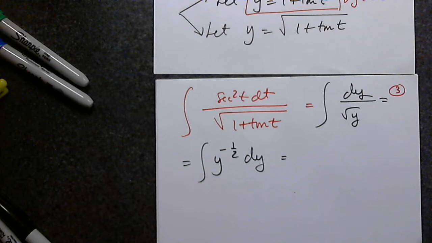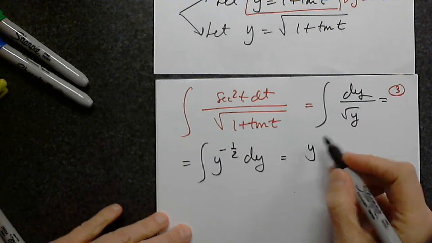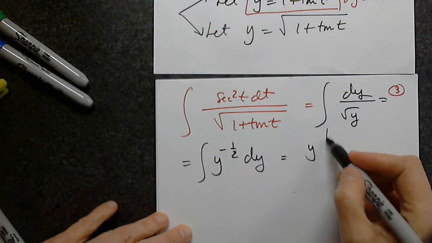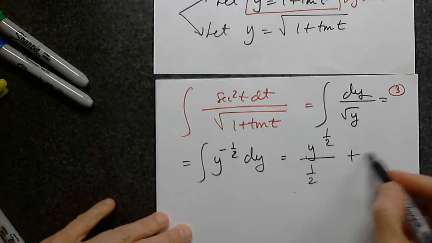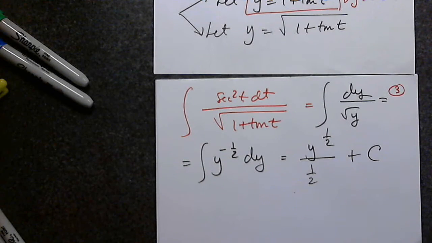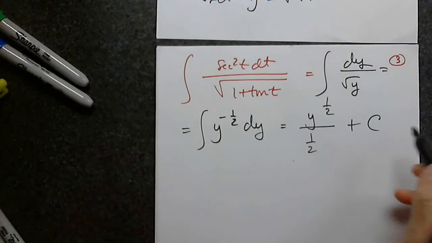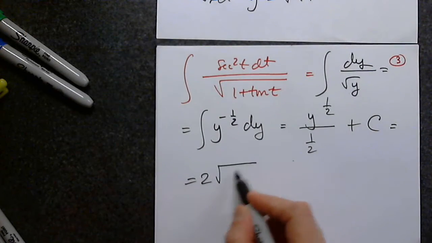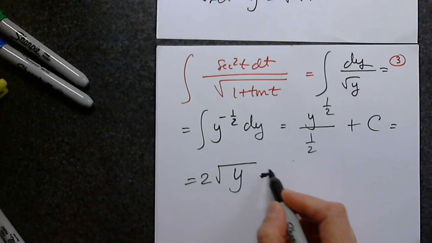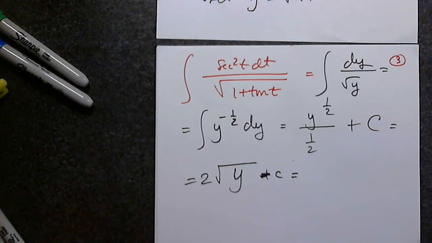What function has derivative y to the negative 1/2? And the answer is y to the negative 1/2 plus 1, which is 1/2 indeed, divided by 1/2, plus a constant c. In other words, 2 times the square root of y, plus c. But I have to go back and replace it.